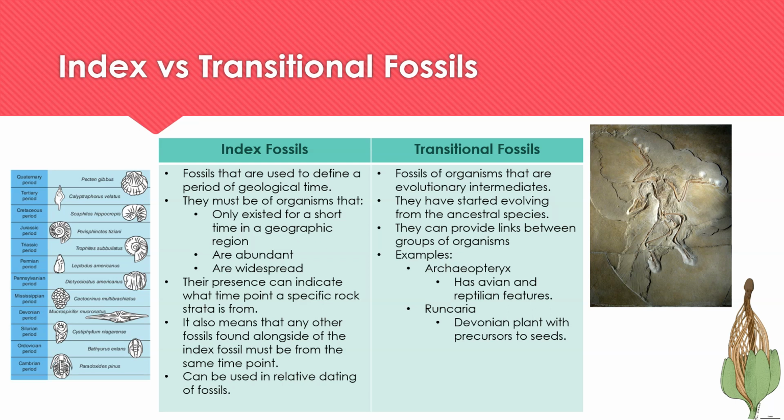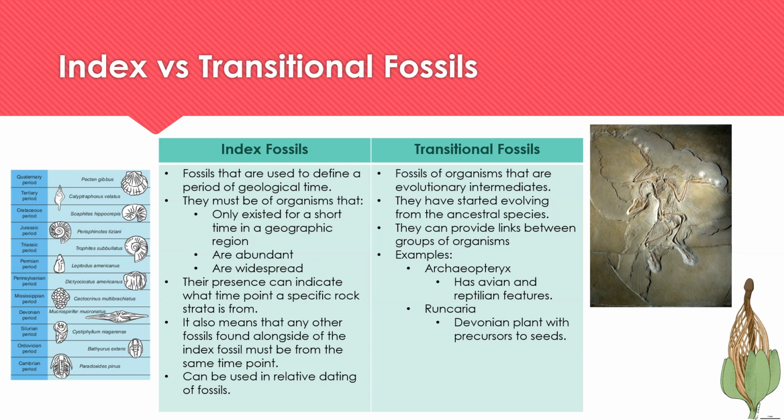And it's not necessarily widespread, but it is fairly common to this area for this short time period. And so what that means is because we know that these organisms only exist for these short times, we don't find them crossing lots and lots of layers of rock. We tend to find them just in one specific layer. And so it can indicate the time point that specific rock strata has come from.